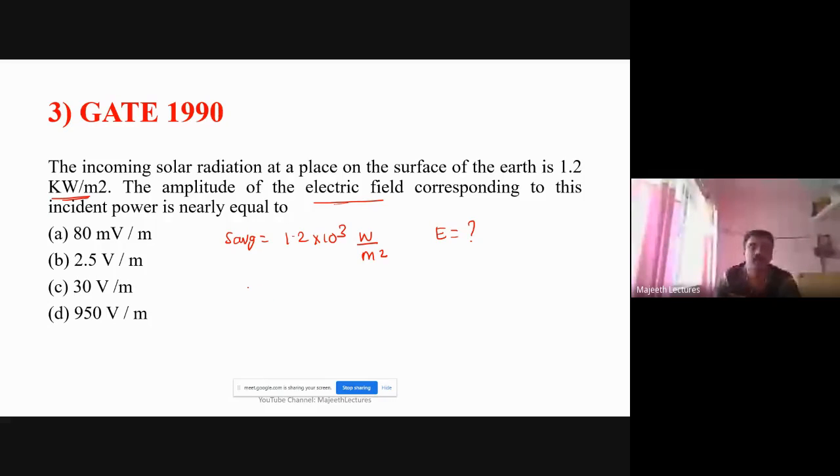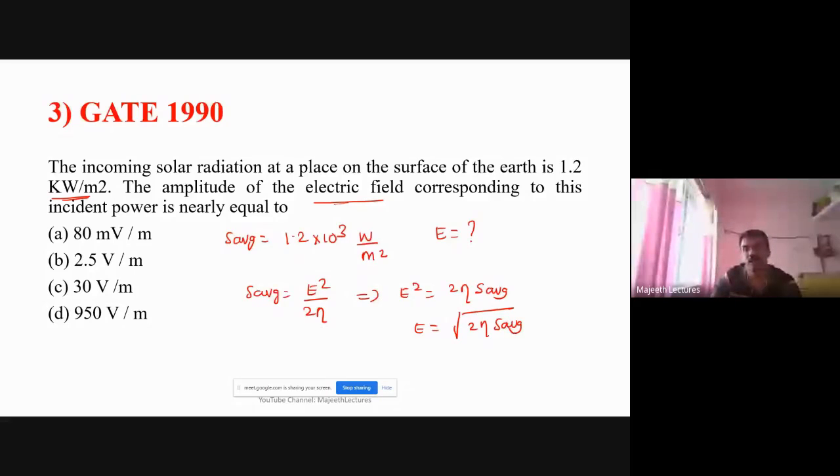Right? So this is a very simple problem. S average is equal to E squared by 2 eta. If no medium is given, the medium is assumed to be free space. This is E squared equals 2 eta S average. E is equal to root of 2 eta S average.